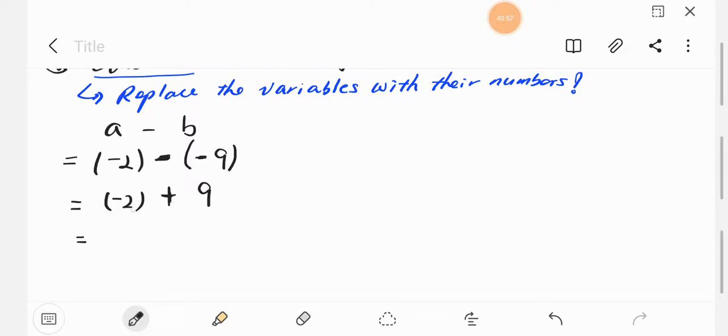Then you are adding two numbers with different signs. So larger absolute value minus smaller absolute value. So 9 minus 2, which is 7. And then follow the sign of the larger absolute value, which is 9. The sign of 9 is positive, so leave it as it is. Okay, please practice.